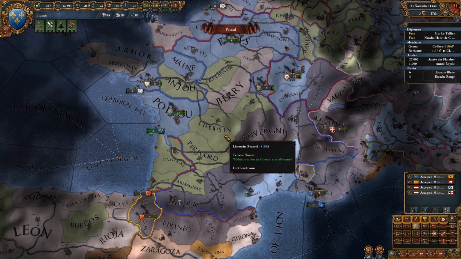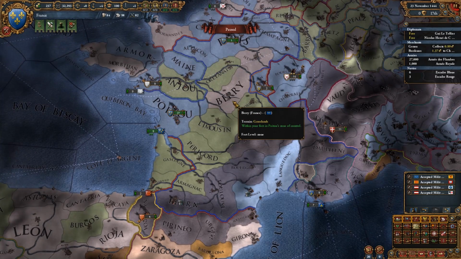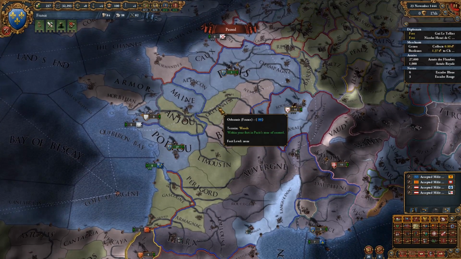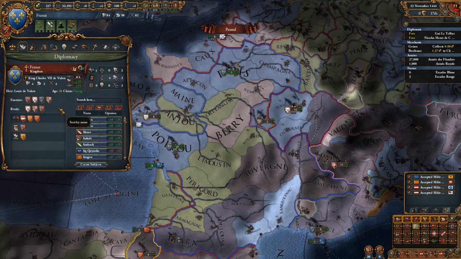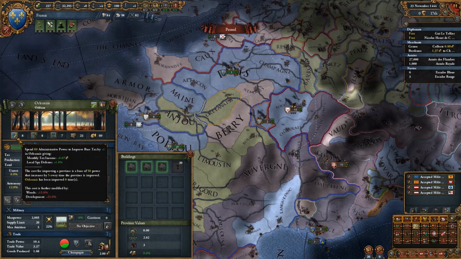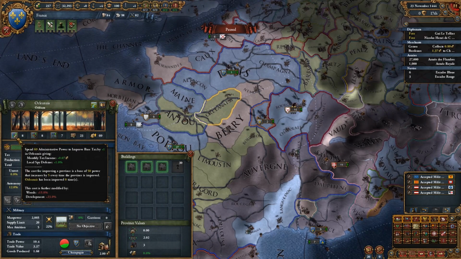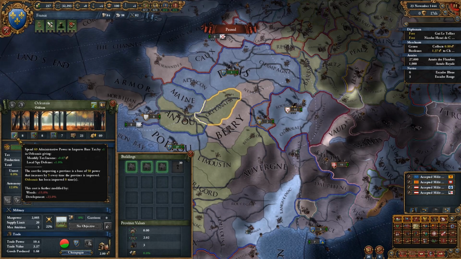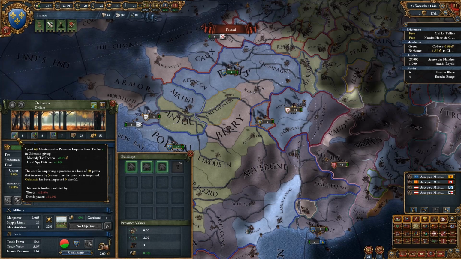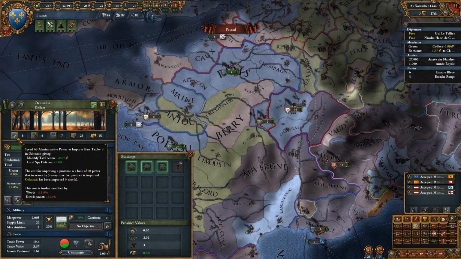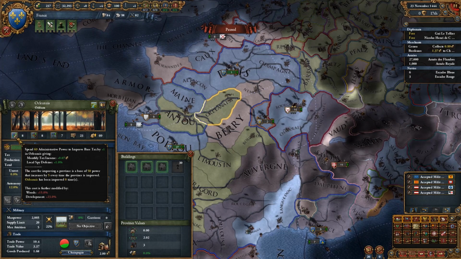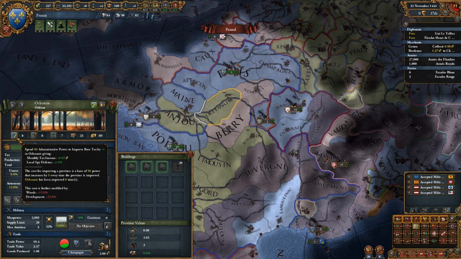It's also worth noting that the terrain type actually affects how expensive it is to work on a province. If we just select one of the provinces, you can see how expensive it is to improve it. As you can see here, if we look at the tooltip at the bottom, it says the cost to further modify this province, development has a plus 15% negative modifier because it is woods.